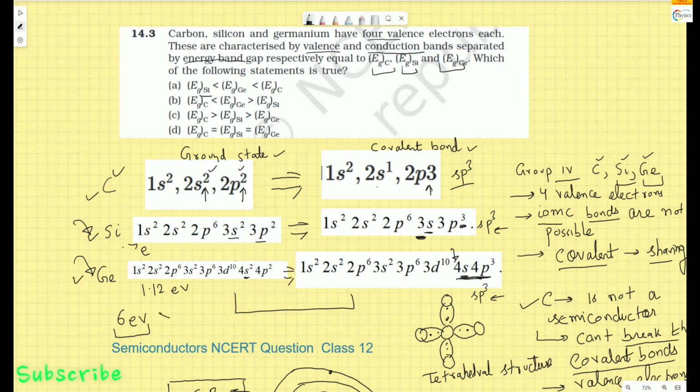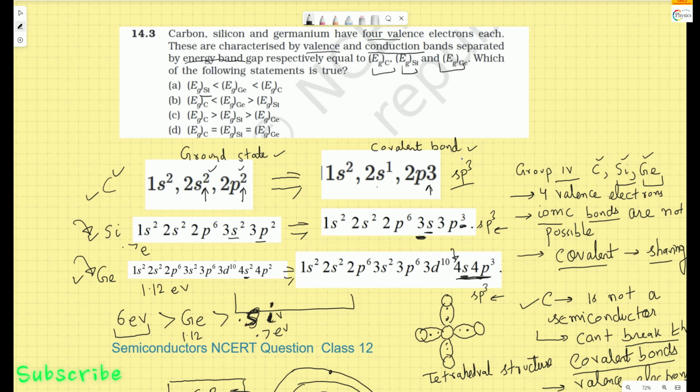Then it is followed by germanium, which is 1.12, and then silicon, which is 0.7 electron volts.